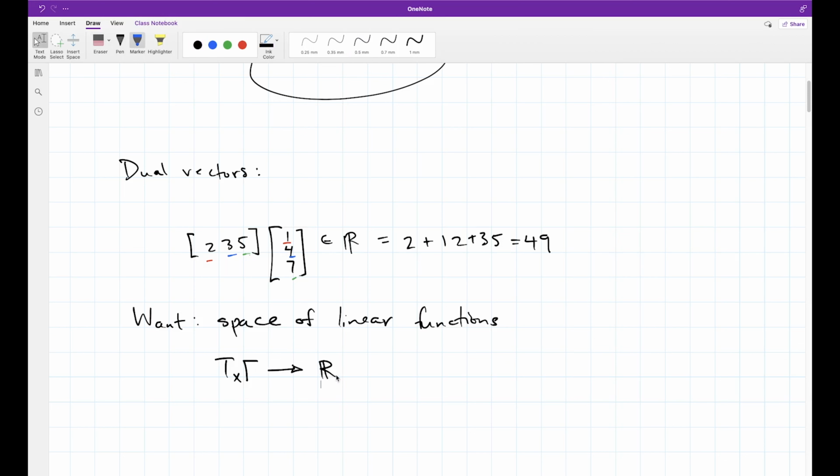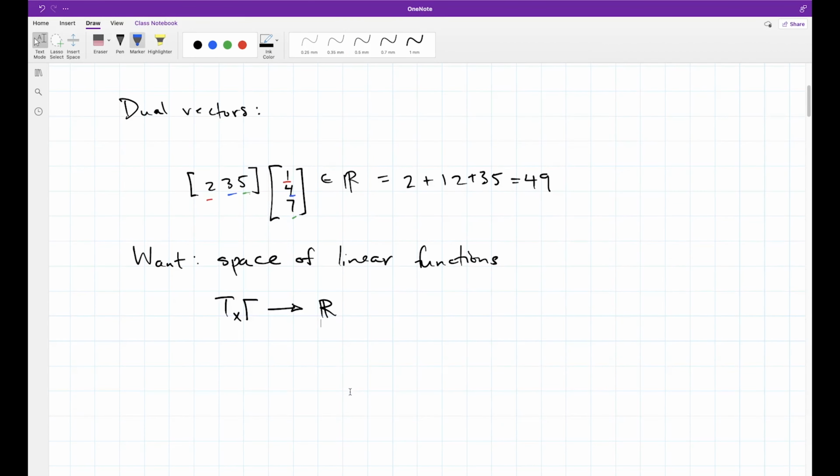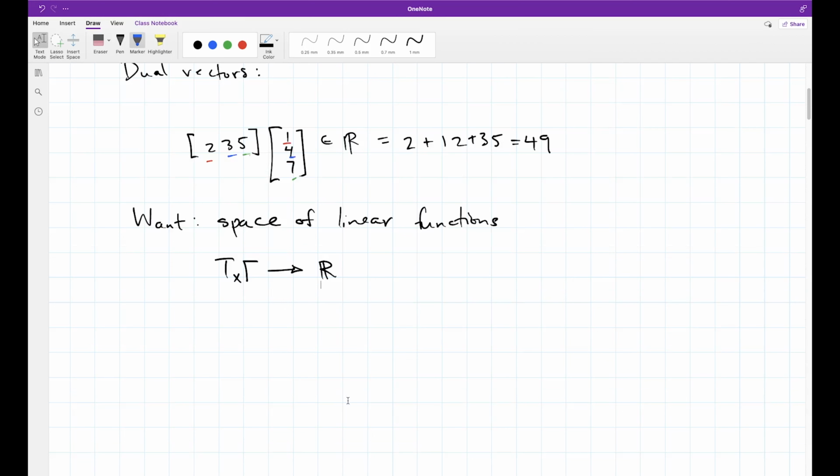In math, we have a name for this space, which is, again, the space of dual vectors or the dual space. Sometimes it's called the space of covectors. We'll denote it by T star sub x of gamma. And it's called the cotangent space.